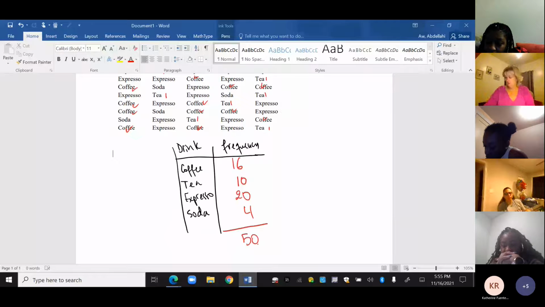So now you can add another column here, which we call the relative frequency.